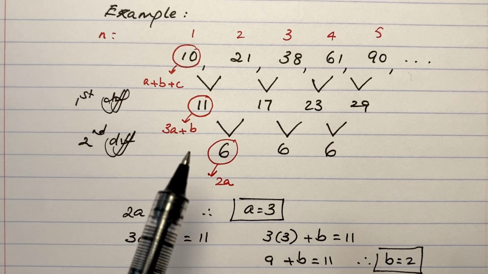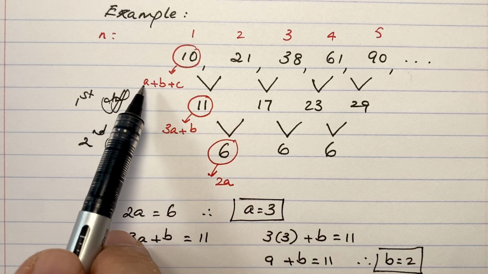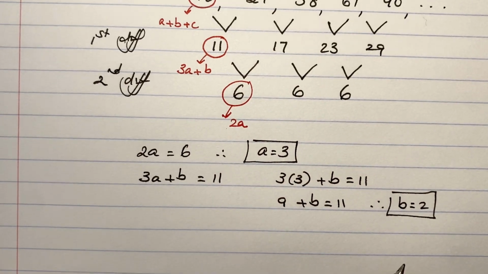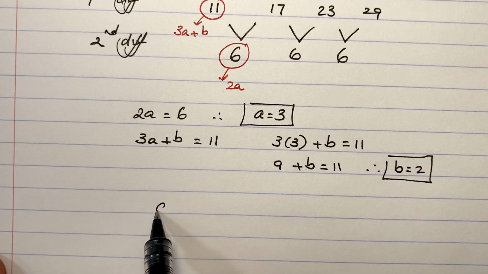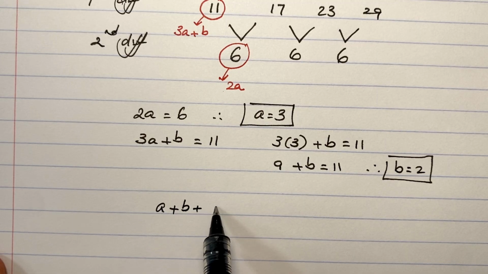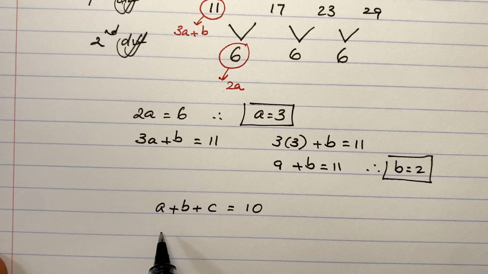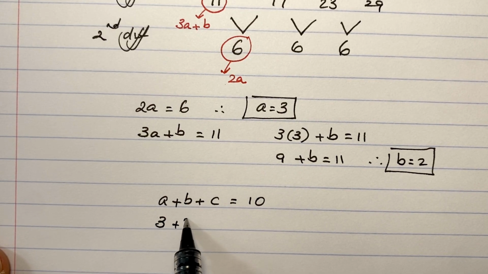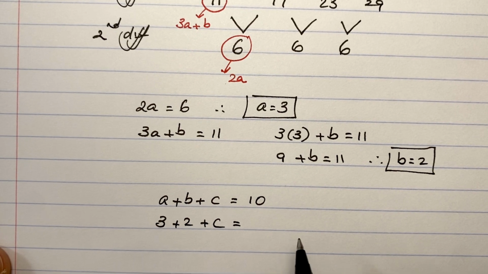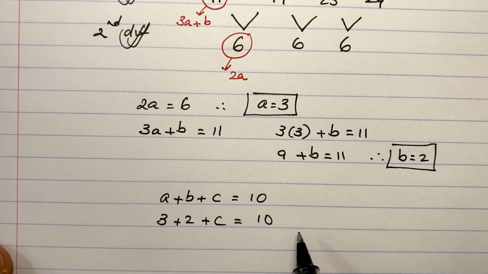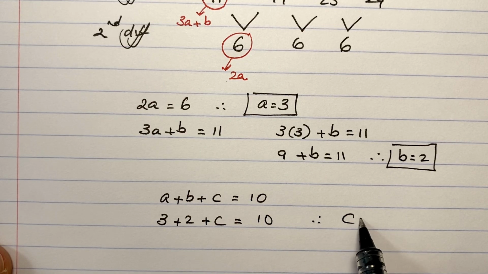Then going to the fact that a plus b plus c equals 10, I know the value of a and b, so replace. 3 plus 2 plus c equals 10. 5 plus c equals 10. Therefore, c equals 5.